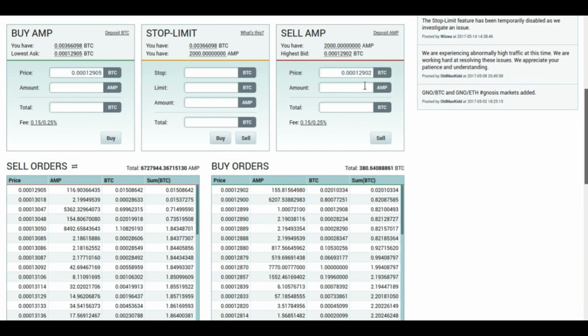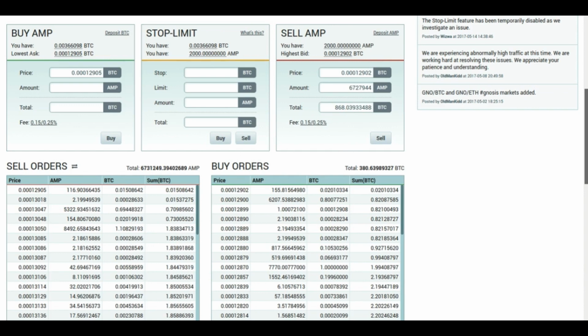So we're going to go ahead and apply this here. Out of total sales, there's 868 Bitcoin in the sell orders, and the buy orders is 380.